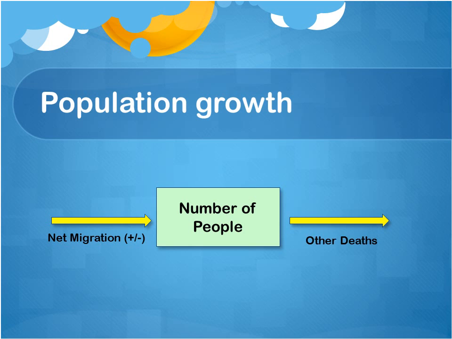The outputs are deaths related to accidents or people dying naturally, and then there are of course the births and deaths that occur naturally within the system. So again, the balance of these inputs and outputs will give you the dynamic changes in population.